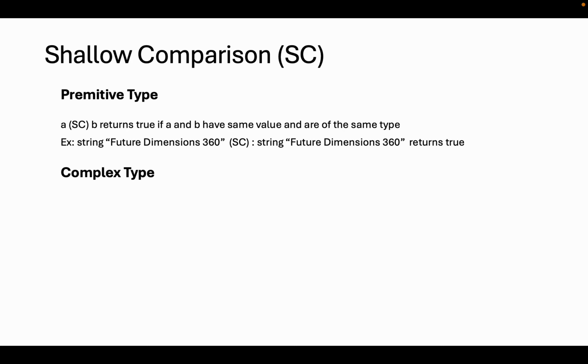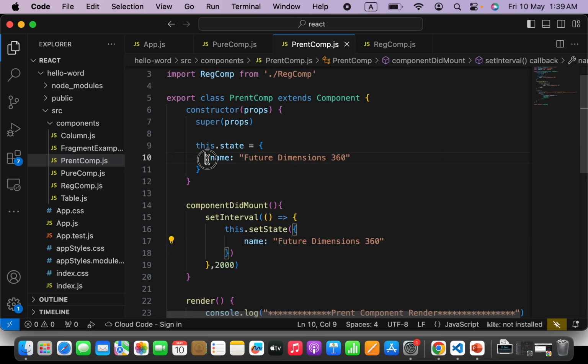For example, in our case, the data type for the state variable name is string and the value is Future Dimensions 360. Secondly, once we update it, it's the same string and the same value, so we are returning true in that scenario.